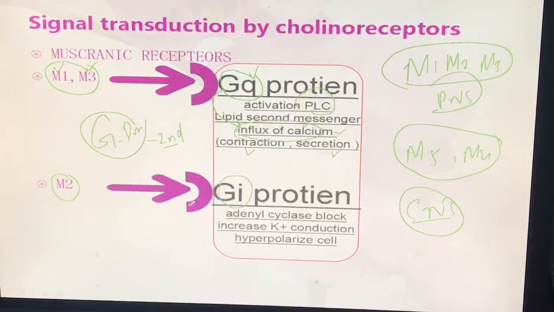The M2 receptor is inhibitory in nature. Later we will see its location. It blocks adenylyl cyclase activity and opens the potassium channel. When the potassium channel opens, the cell undergoes hyperpolarization, which means inhibition. So the M2 receptor is inhibitory, while the M1 and M3 receptors put calcium inside.